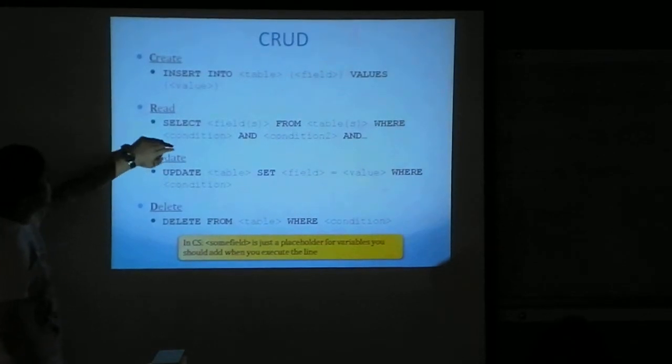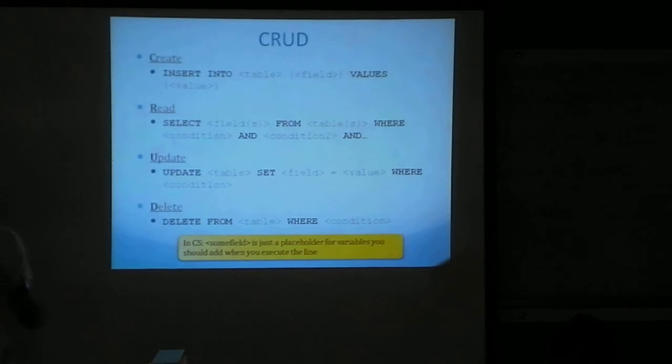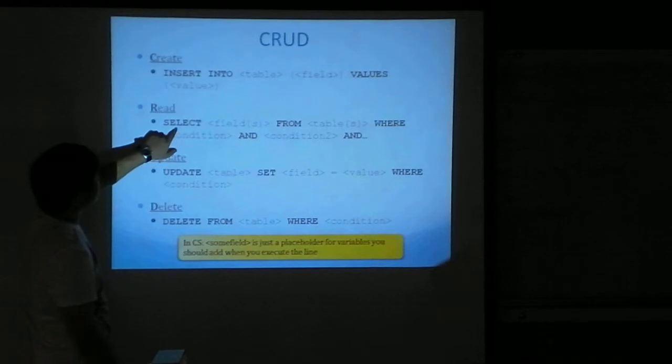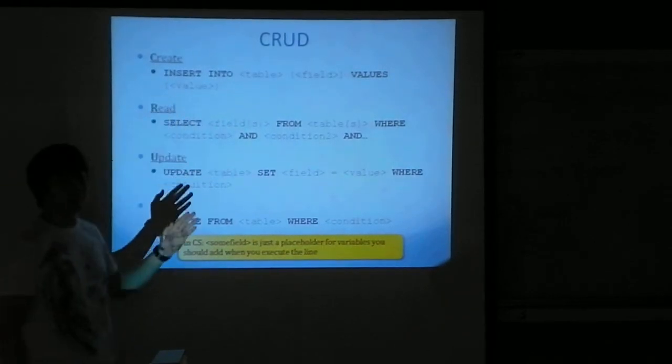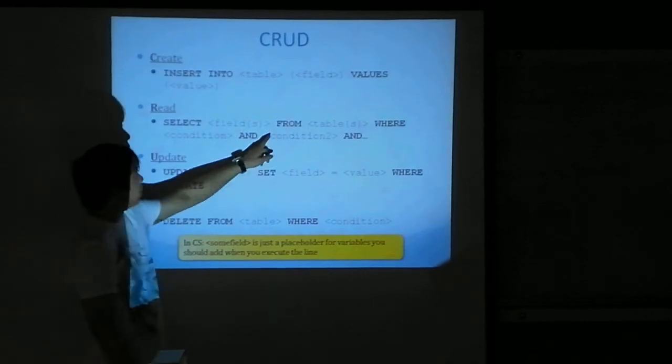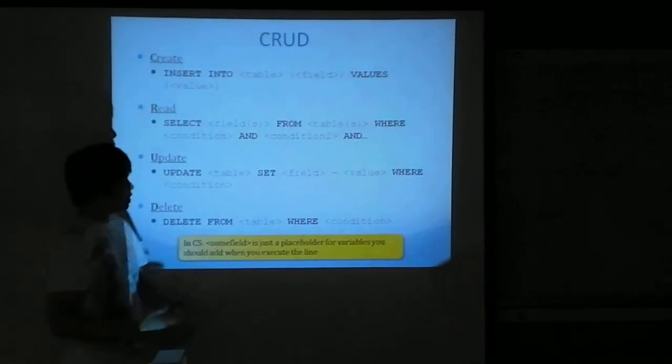For read, what read does is it allows you to read a selected row or rows off of a table so that you can, for example, pull up the price of a Tonka truck in a products table. Here, it starts with SELECT, and then you have different fields. Fields are also known as columns in this case, from a particular table or tables.